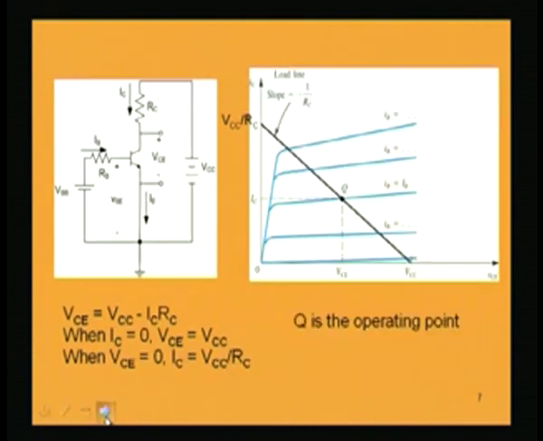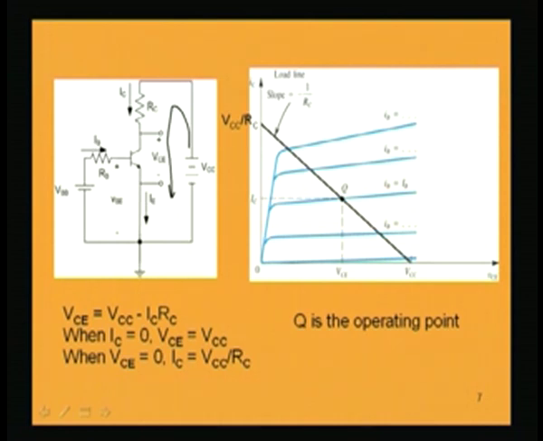Now, similarly in the output circuit, if I want to draw the load line and find out the operating point, I must join these two maximum points. That is very easily obtained from the output circuit. If I apply Kirchhoff's voltage law in this loop, VCC minus IC RC minus VCE is equal to 0.